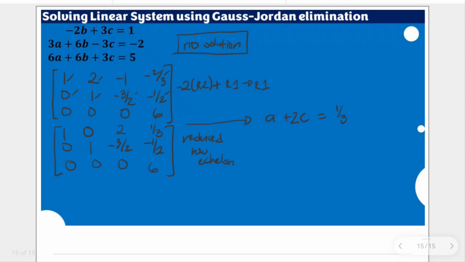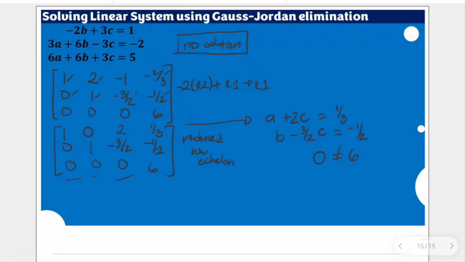And for the second row, we have B minus 3/2 C is equal to negative 1/2. Might also be possible if we're going to allow one of the variables, say C, as an arbitrary variable. But again, here comes the conflicting idea. 0A is 0, 0B is 0, 0C is 0, so the entire row is 0 and it's equal to 6.